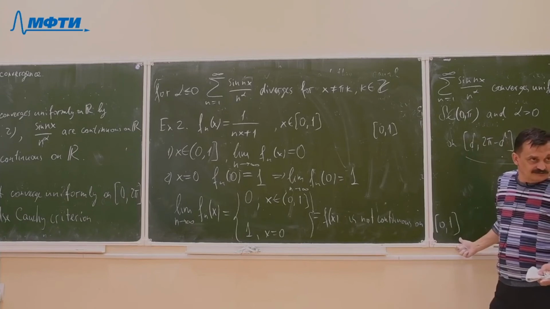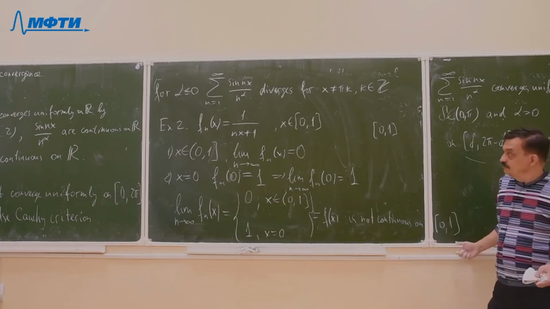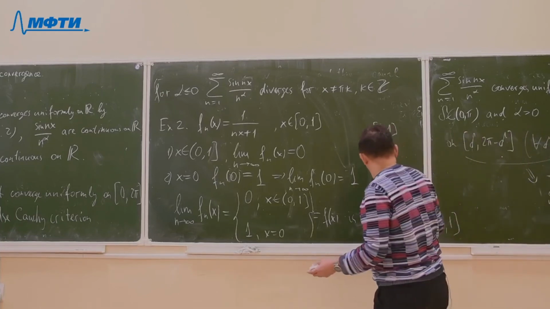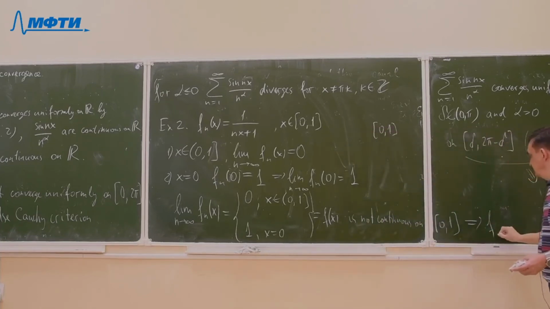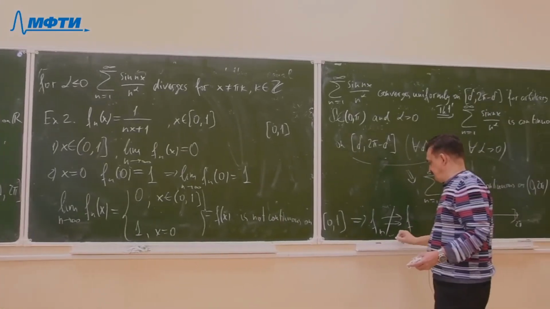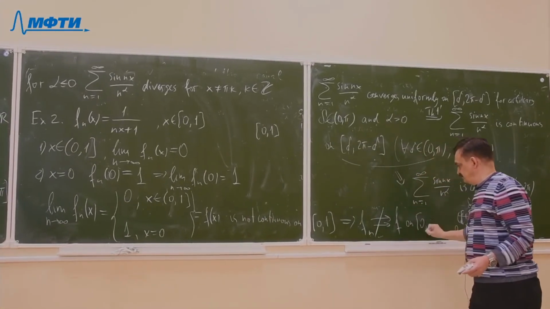Hence, what can we deduce? f_n does not converge uniformly to f on [0, 1], right?